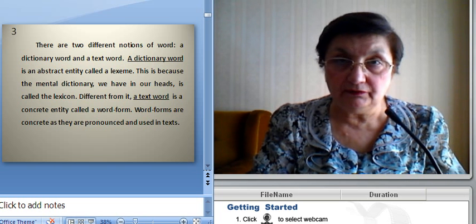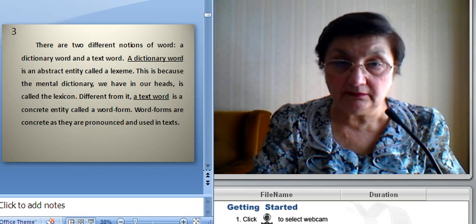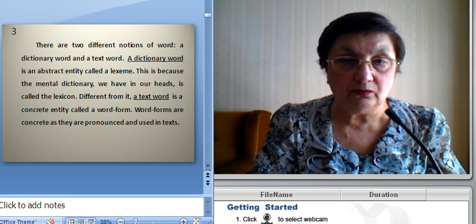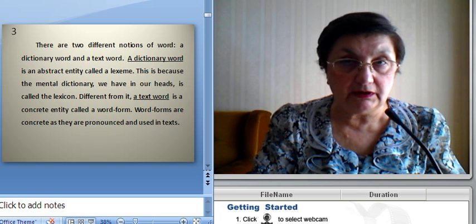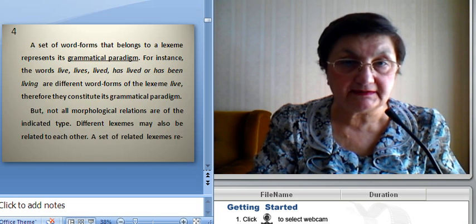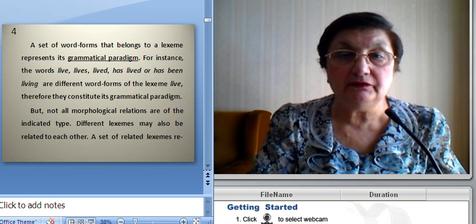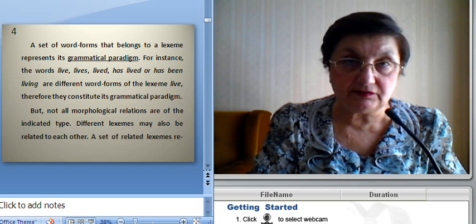Different from it, a text word is a concrete entity called a word form. Word forms are concrete as they are pronounced and used in texts. A set of word forms that belongs to a lexeme represents its grammatical paradigm.